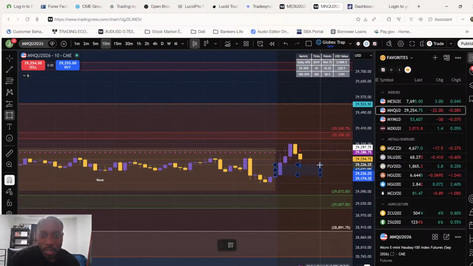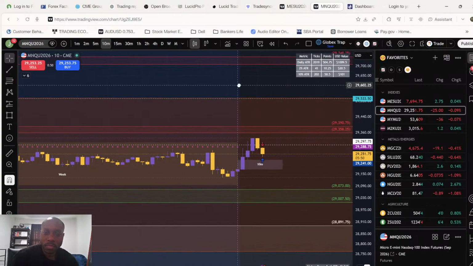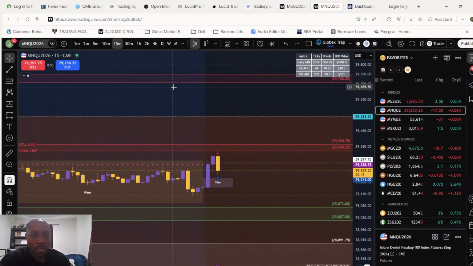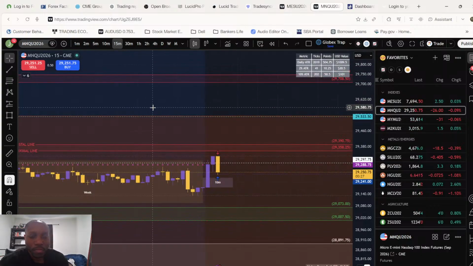Only 15 minutes into this candle. Not even 14 minutes into this candle.